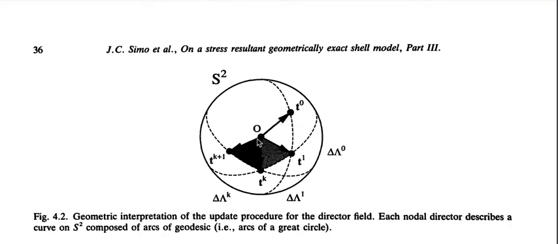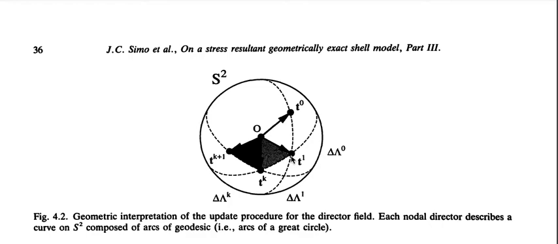If we look at the position of the director vectors in this picture, which is given in part 3, this is the original position of the director vector. When it is first rotated, the corresponding change in the orthogonal matrix is delta lambda naught, and it rotates this director vector along this geodesic and gives t1.